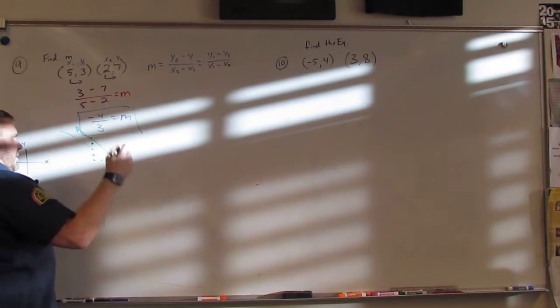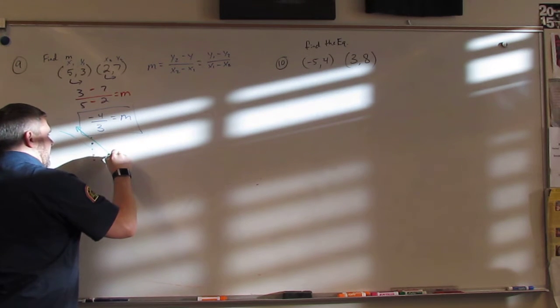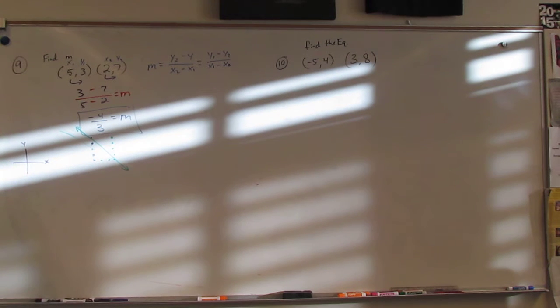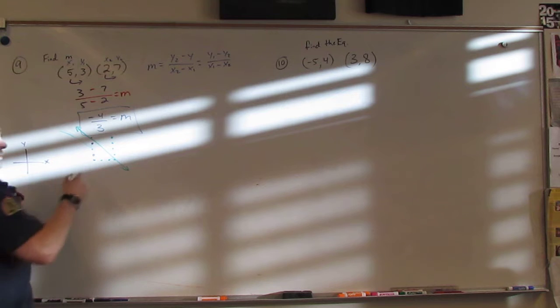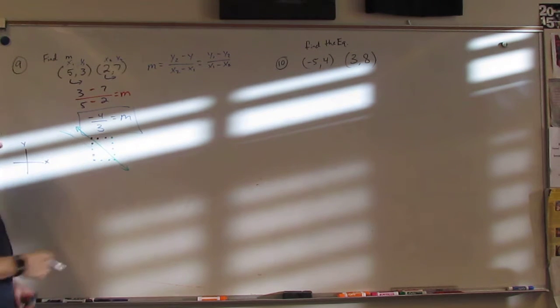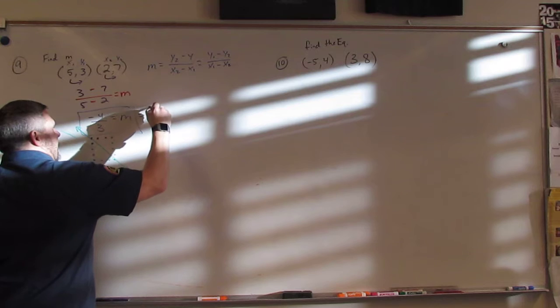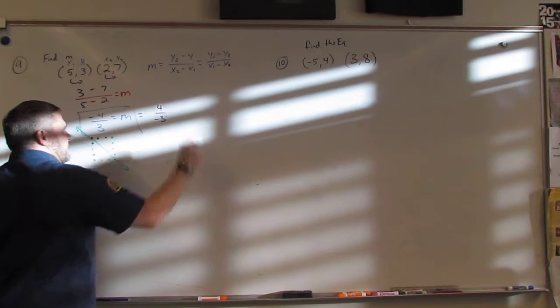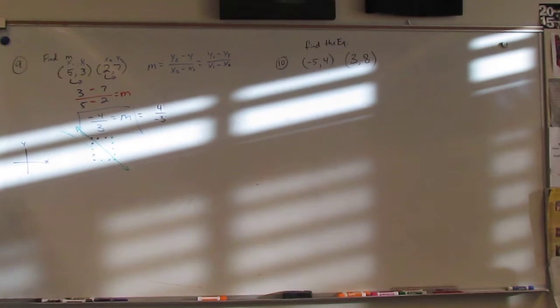But then your way said I'm going to go up 1, 2, 3, 4, but then I'm going to go left 1, 2, 3. See how they both work? Just depends on which way you're looking at it. So this is the same as this. They're the same thing.